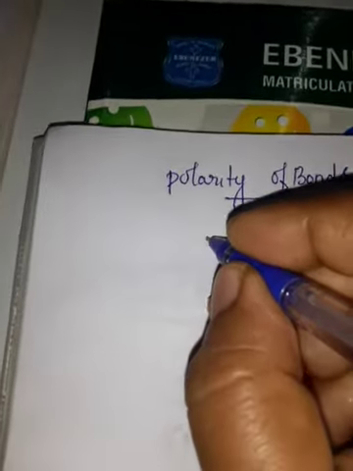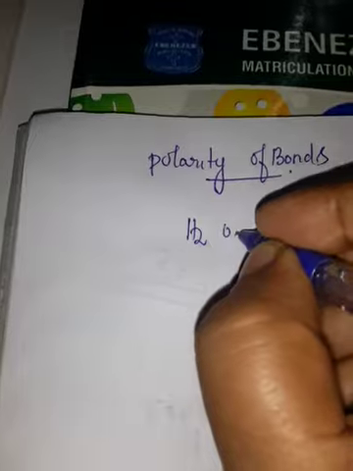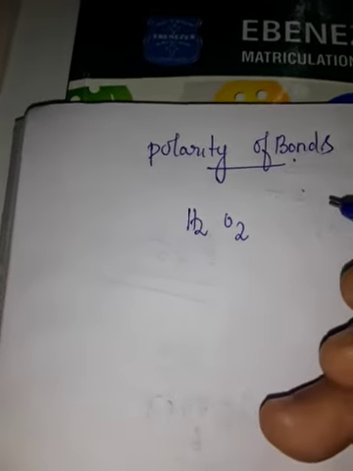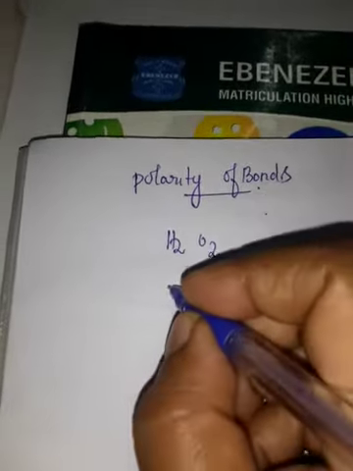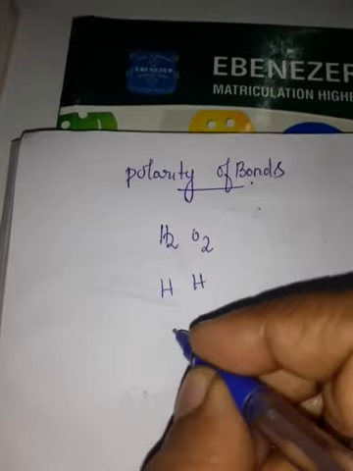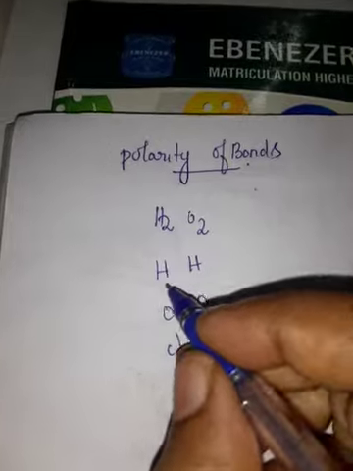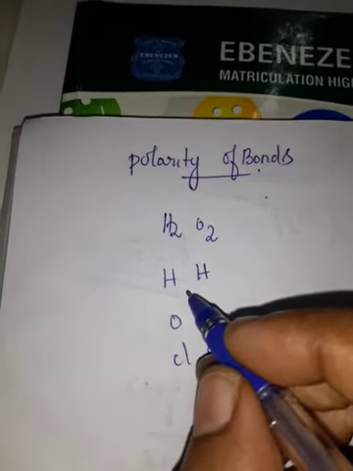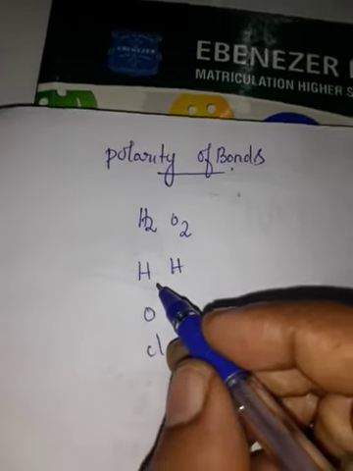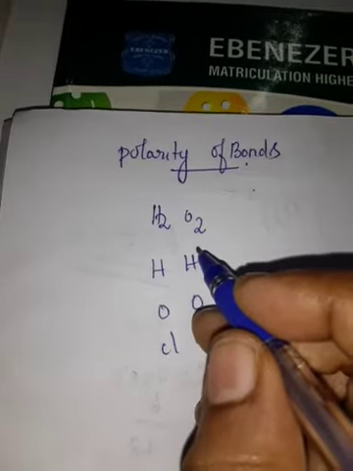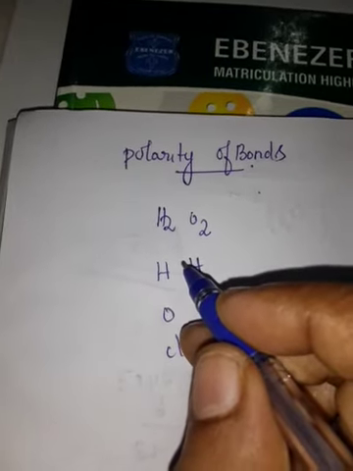Covalent bond means sharing of electron pairs. If it is formed between two identical atoms, for example H2, O2, Cl2, etc., both atoms have equal tendency to attract the shared pair of electrons towards itself.